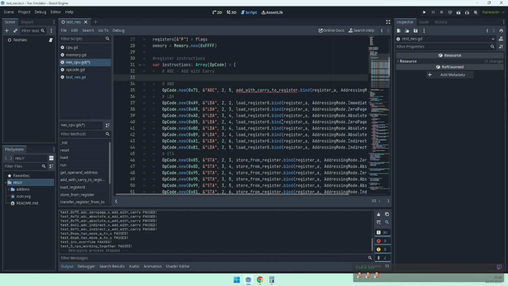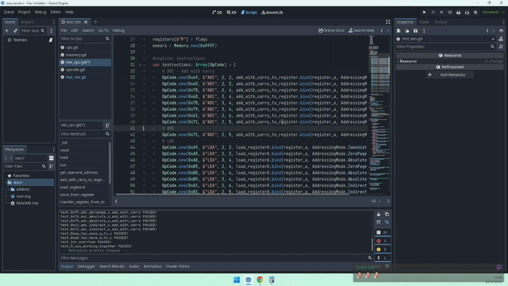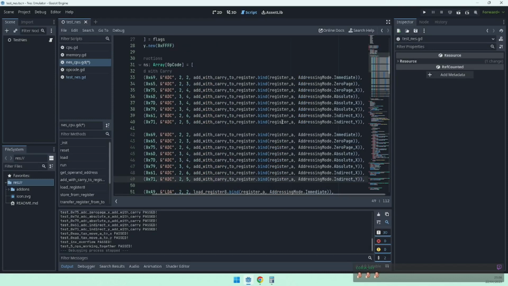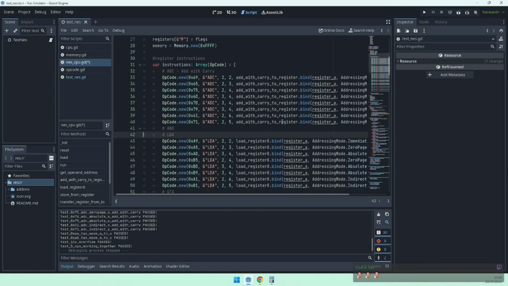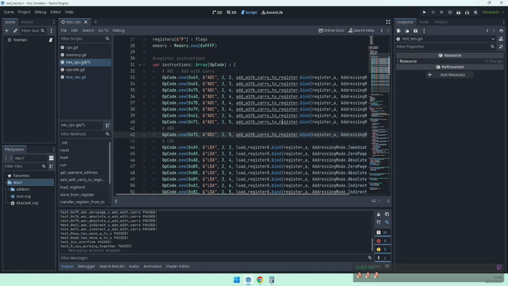So let's actually copy the entire list. Nah. Just make bitwise and with register.